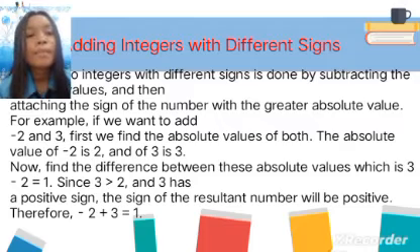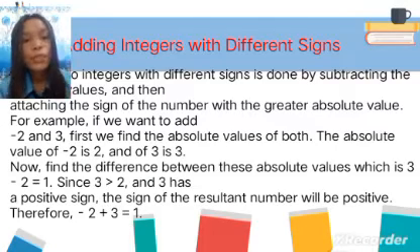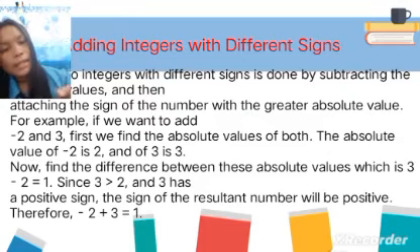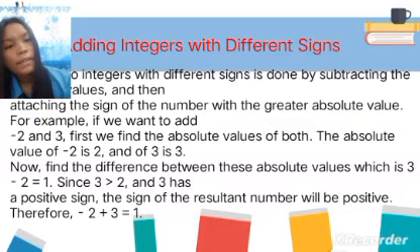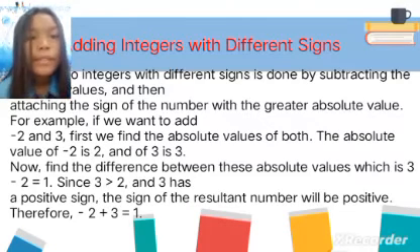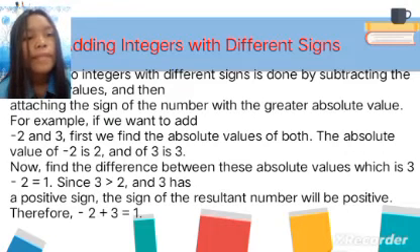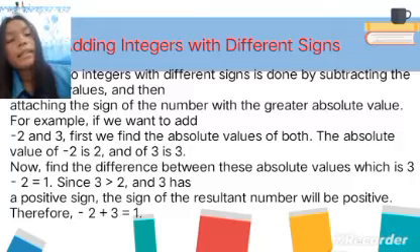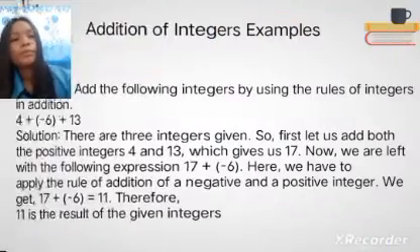Now find the difference between these absolute values, which is 3 minus 2 is equal to 1. Since 3 is greater than 2 and 3 has a positive sign, the sign of the resultant number will be positive. Therefore, negative 2 plus 3 is equal to 1.